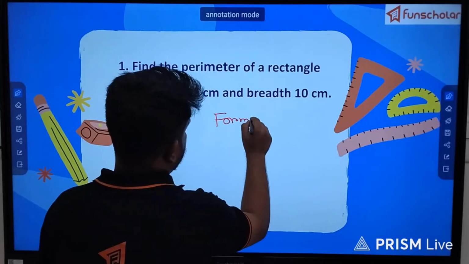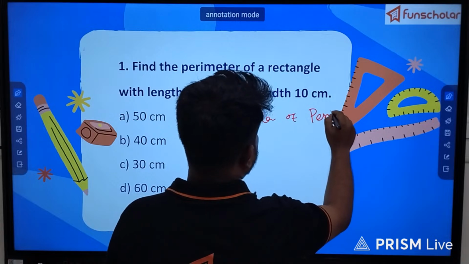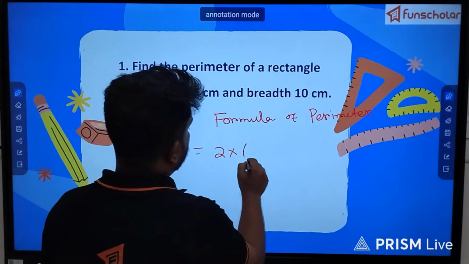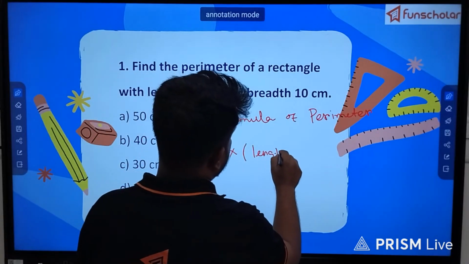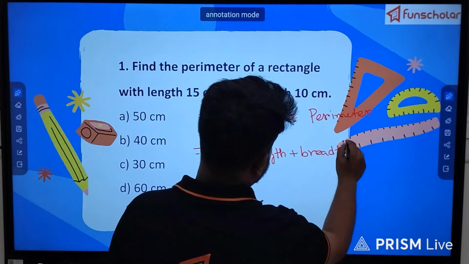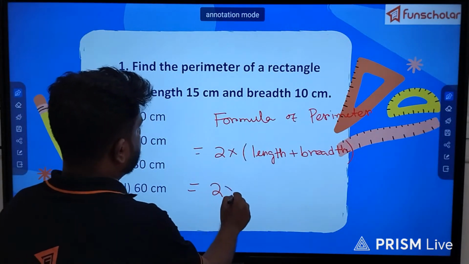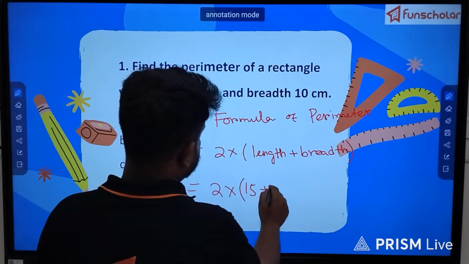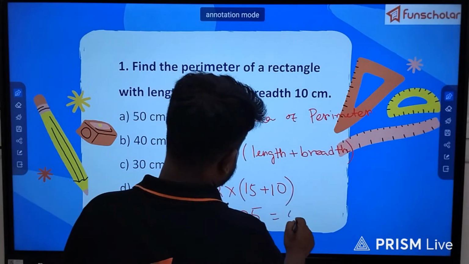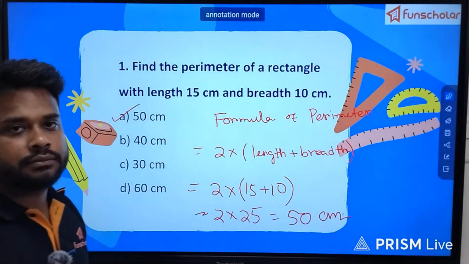So to find the perimeter, we have to write the formula of the perimeter, that is 2 into (length plus breadth). Okay, so it will be 2 into (15 plus 10), 2 into 25 equals 50 centimeter. Done. Okay.